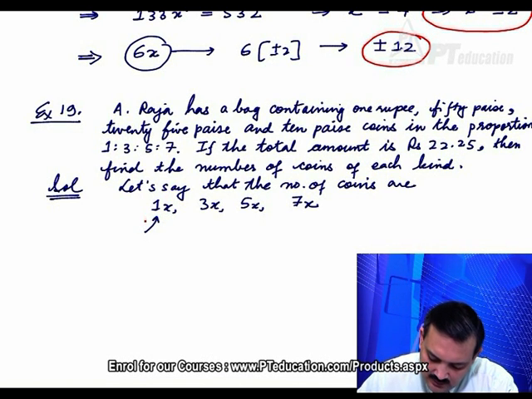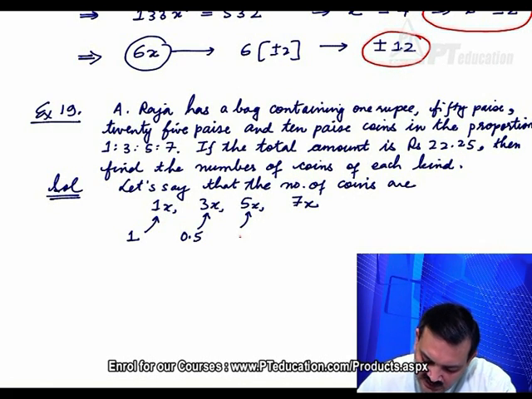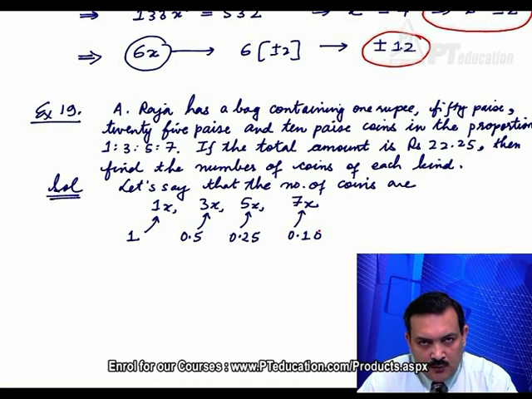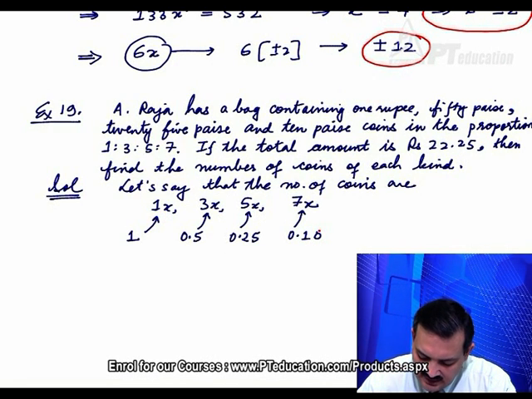Now 1x was the coin of 1 rupee, 3x was the number of coins of 50 paisa. I have written 0.5 because we are going to make the equation in rupee terms. 5x number of coins of 25 paise, 0.25, and 7x number of coins of 10 paise, 0.10. So now our equation can be made easily.